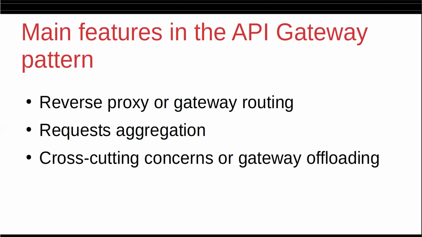Cross-cutting concerns or gateway offloading. Depending on the features offered by each gateway product, you can offload functionality from individual microservices to the gateway, which simplifies the implementation of each microservice by consolidating cross-cutting concerns into one tier.